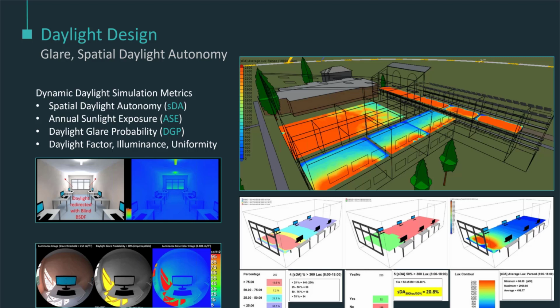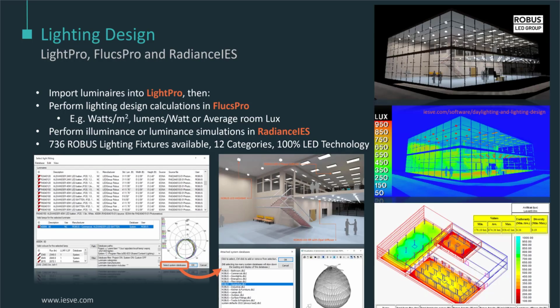In terms of electric lighting design, I believe there's over 700 lighting fixtures available. We actually have a partner for that called Robus, whereby they've got a range of lighting categories where you can basically drag and drop lighting fixtures and perform electric lighting calculations or three-dimensional model visualizations.